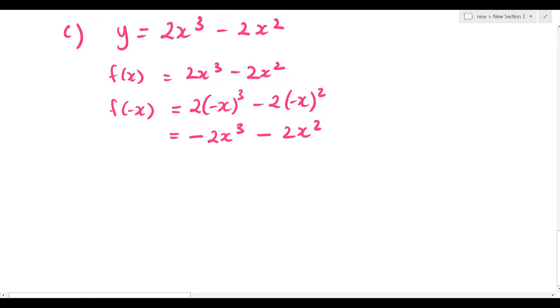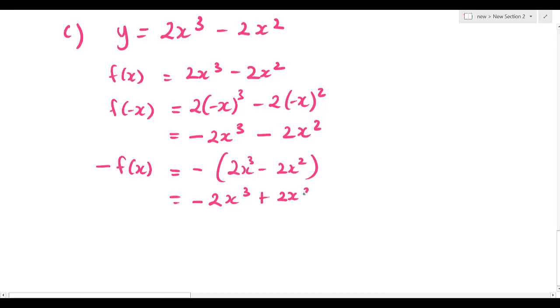Okay, so once you define what f(-x) is, and the output does not look like the output of f(x), you go ahead and you define the negative of f(x). So that's just the negative of the original function. So that becomes negative 2x cubed plus 2x squared.